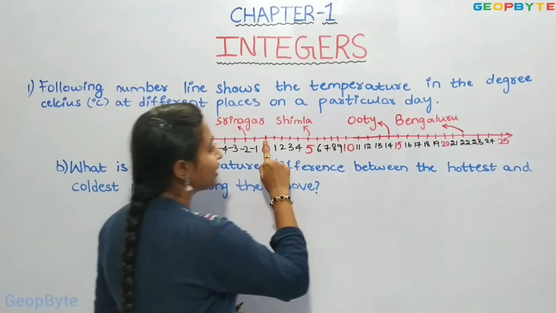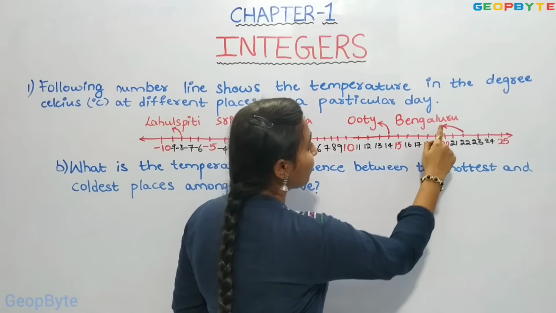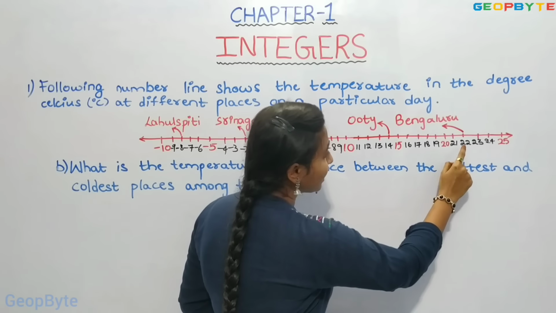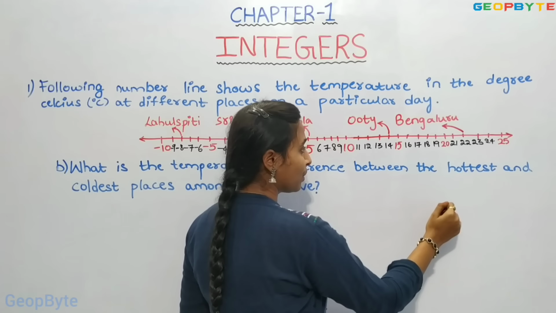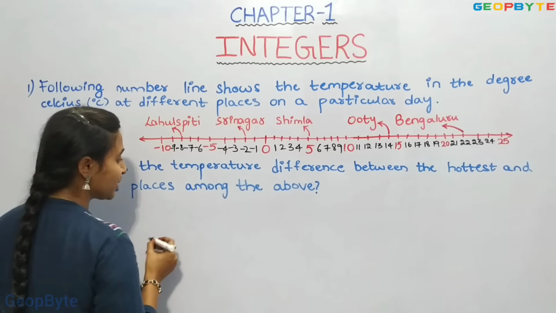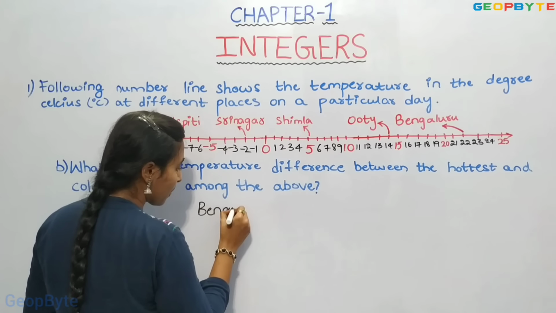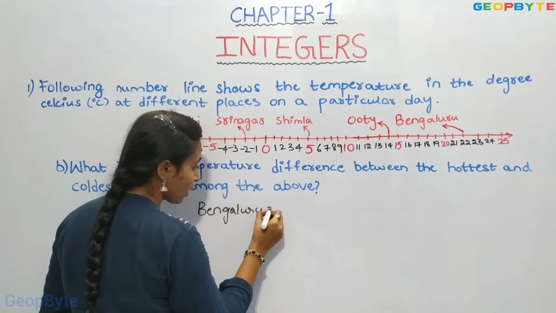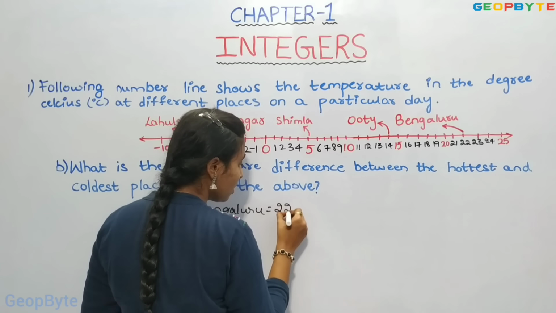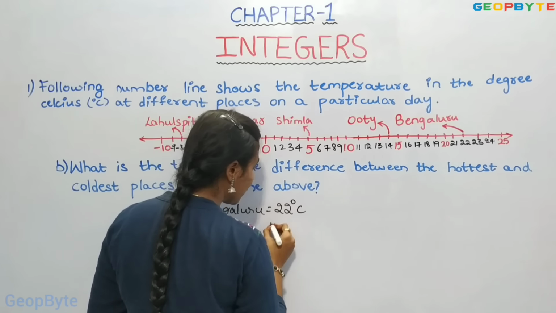Now, Bengaluru has the hottest temperature, the highest number, 22 degrees Celsius.